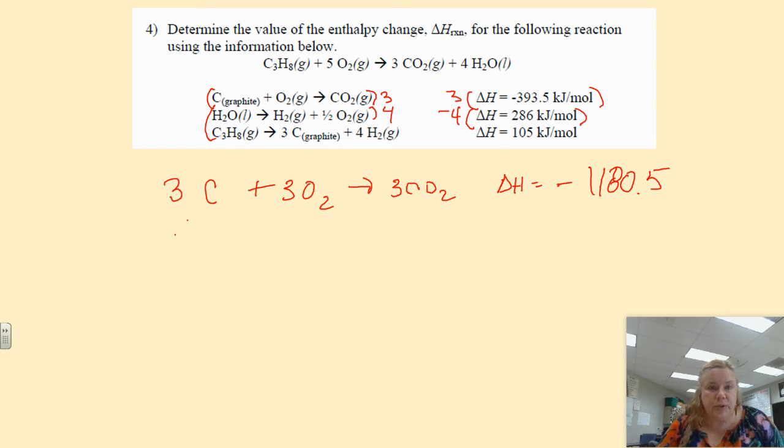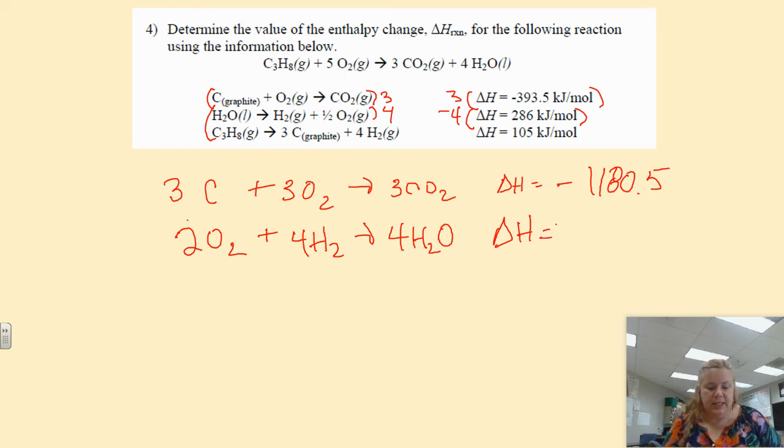So we do 4 times 1/2 oxygen, so that's 2 oxygen, and we're going to add 4 hydrogens, and we're going to get 4 moles of water. If we do our delta H by 4, we'll take 286 times a negative 4. So we get negative 1144.